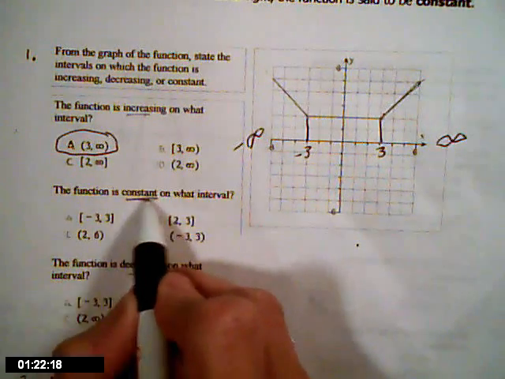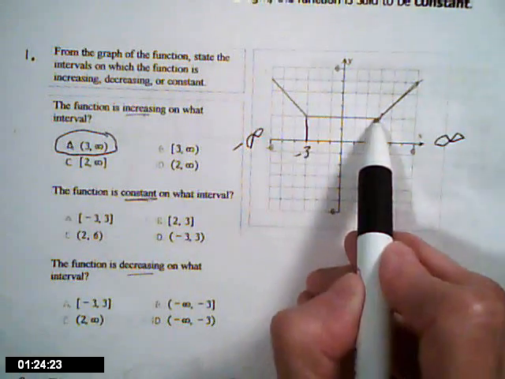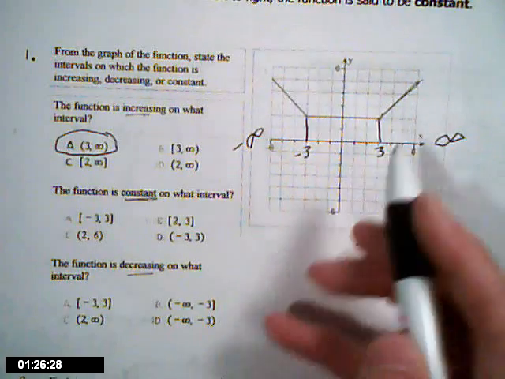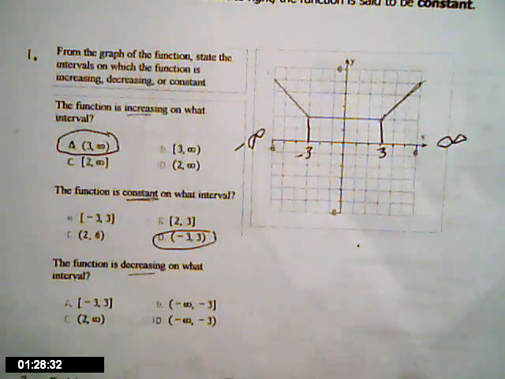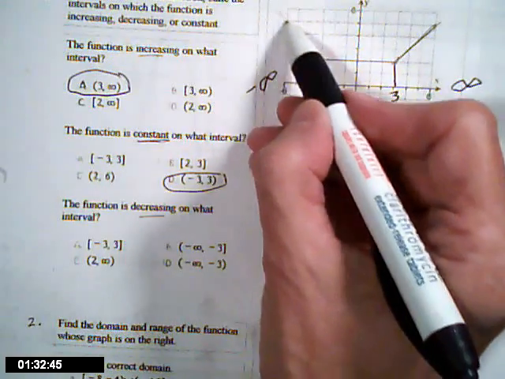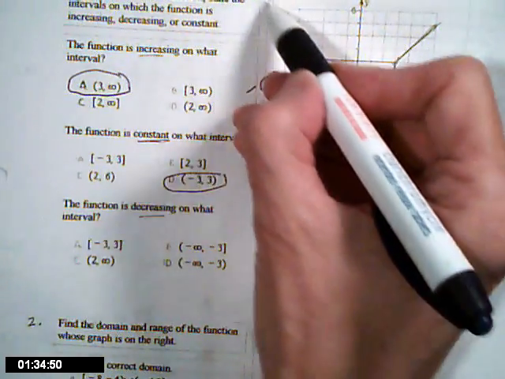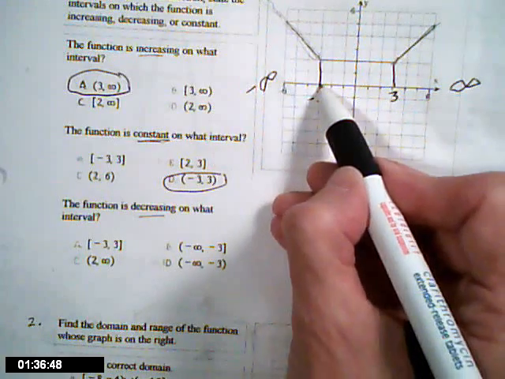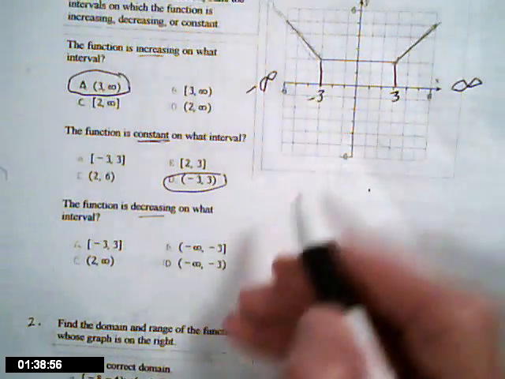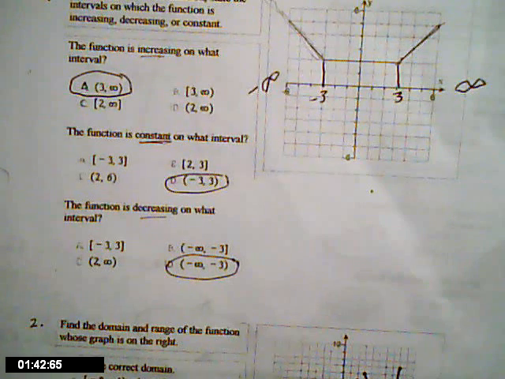Second, it says where is it constant? Well, that would be between negative 3 and positive 3, but again with parentheses. Where is it decreasing? Well, it was decreasing right at the first, and that was from negative infinity over to negative 3, but again with parentheses. You remember increase, decrease, always use x and always use parentheses.